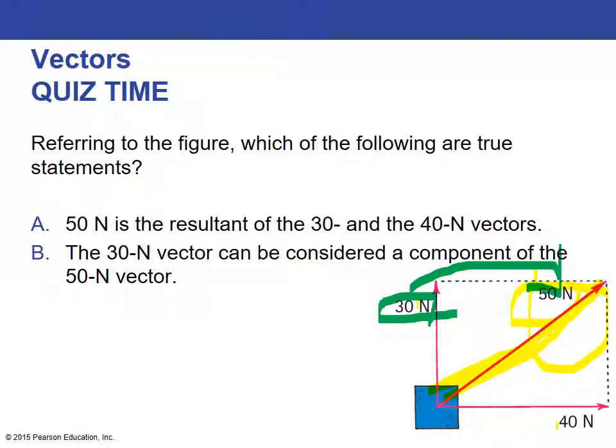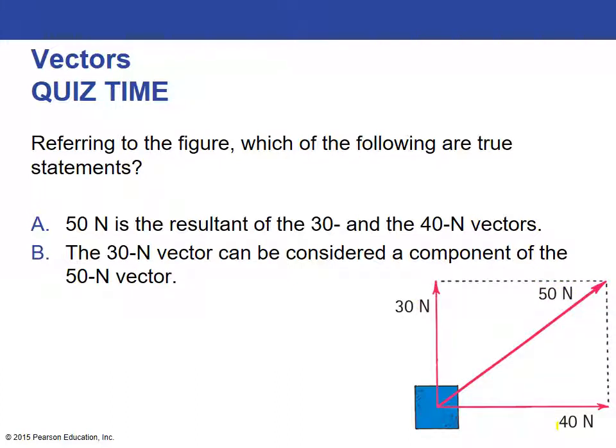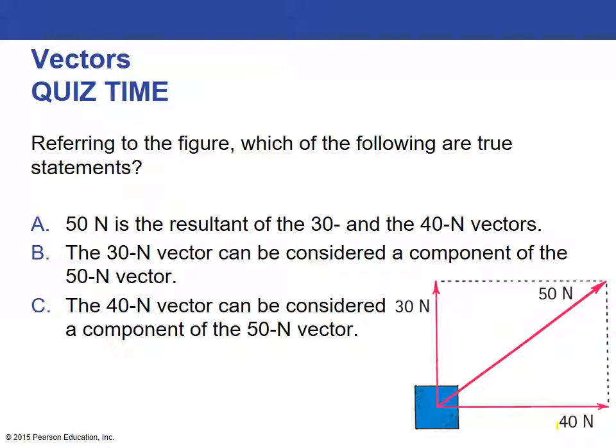Can we say that? Or could we say that the 40 newton vector is also a component of this 50 newton resultant vector? Or could we say that all of them are correct?